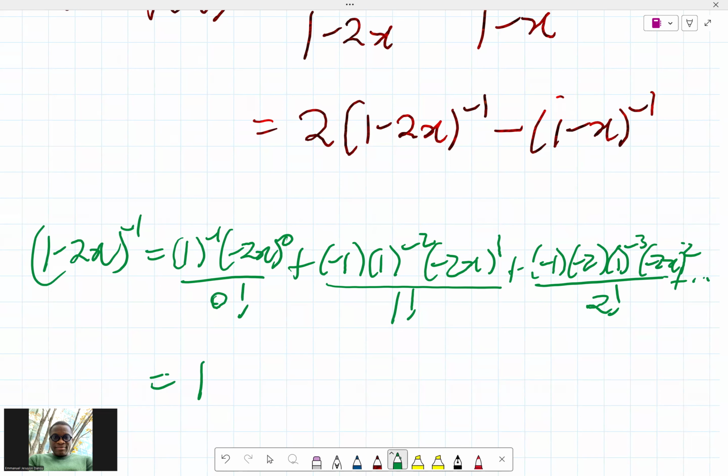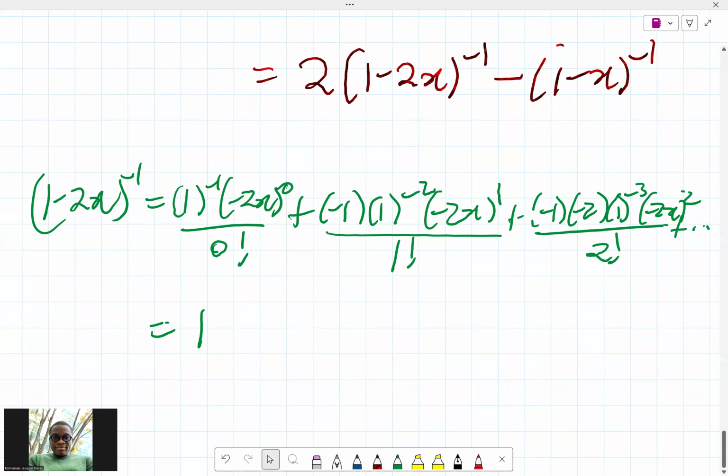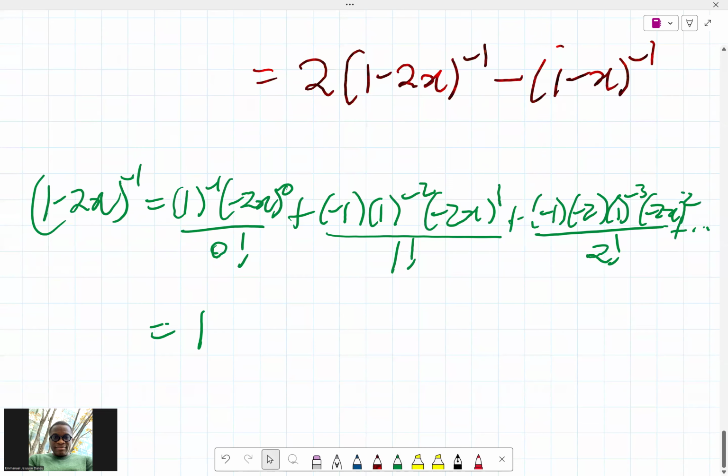The first one is always 1 because 1 raised by minus 1 is 1, minus 2X raised by 0 is 1, 0 factorial is also 1. Coming here, we have 1 minus 1 times 2X, that's simply 2X. And coming here, 2 factorial cancels 2, and then we simply have 4x squared. I think we've seen this before, and that goes on like that.